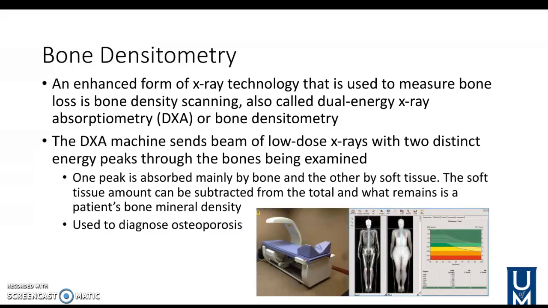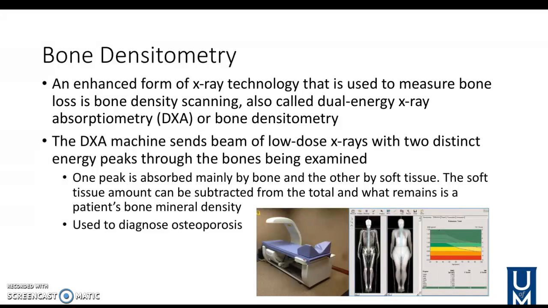The DEXA machine sends beams of low-dose x-rays with two distinct energy peaks through the bones being examined. One peak is absorbed mainly by the bone, and the other peak is absorbed by the soft tissue. So the soft tissue amount can be subtracted from the total, and what remains is the patient's bone mineral density. And this test is used to diagnose osteoporosis.